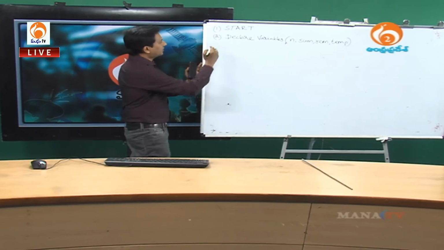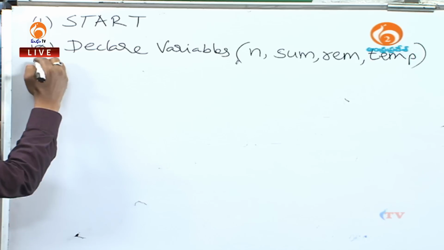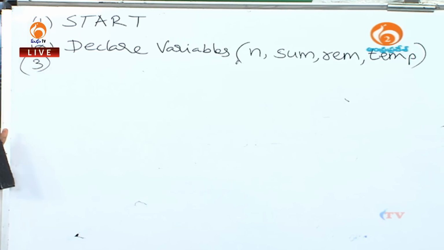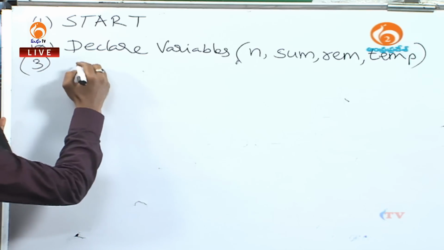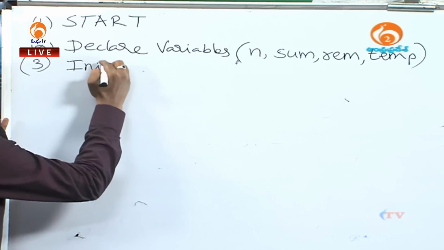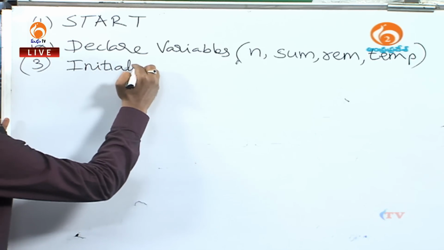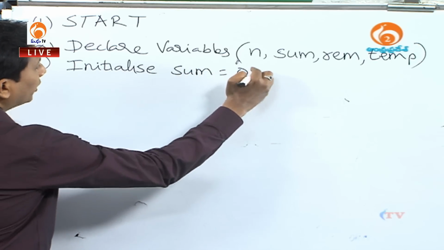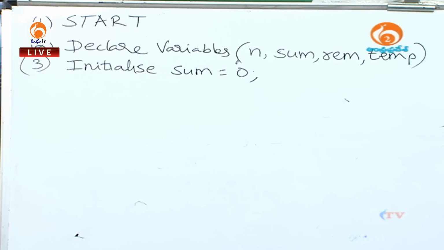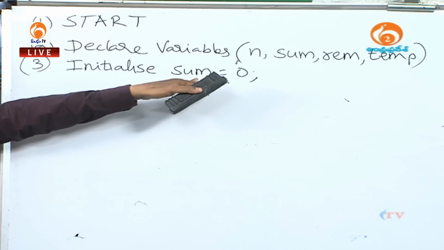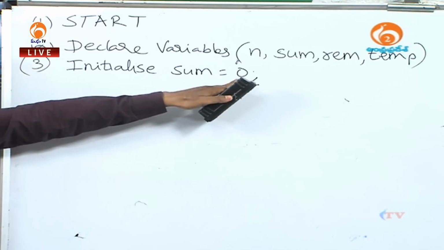Next, initialize the variable sum equal to 0. Why sum equal to 0? Yesterday I told you that in multiplication we need to start with 1. In summation, meaning total, while doing a sum or any addition, we need to start with 0.